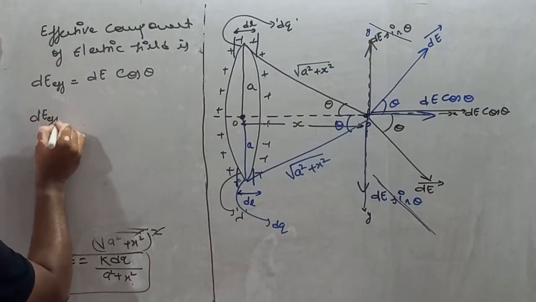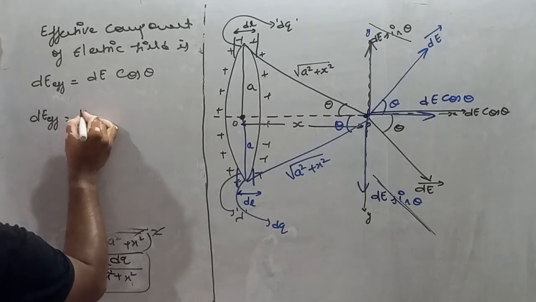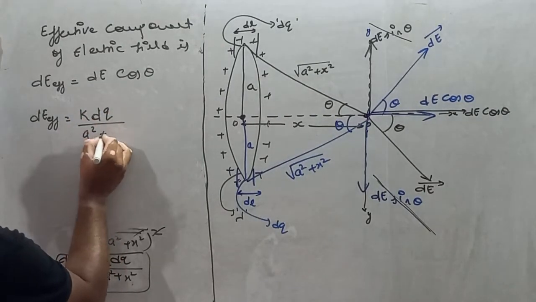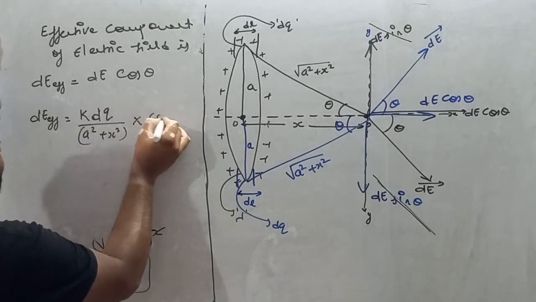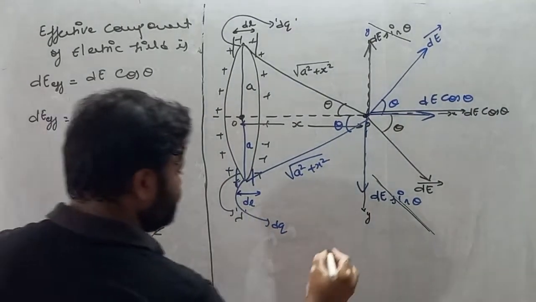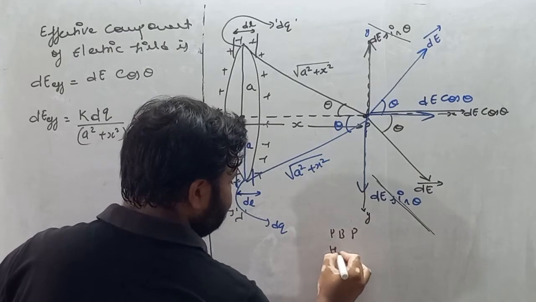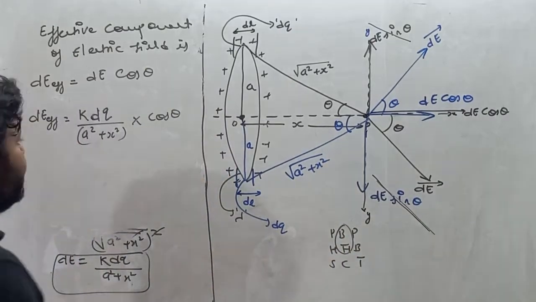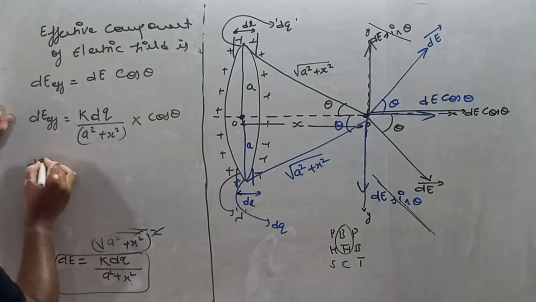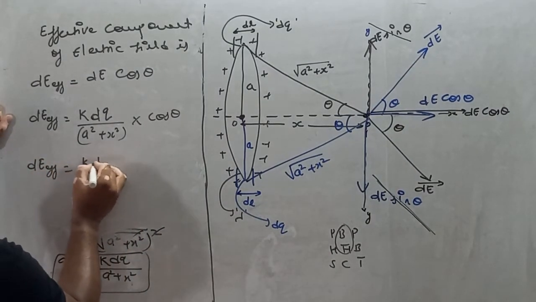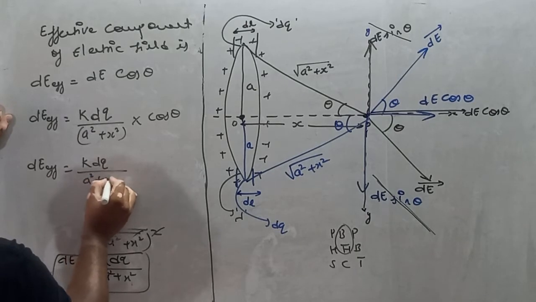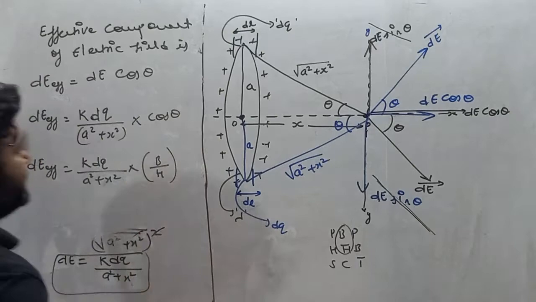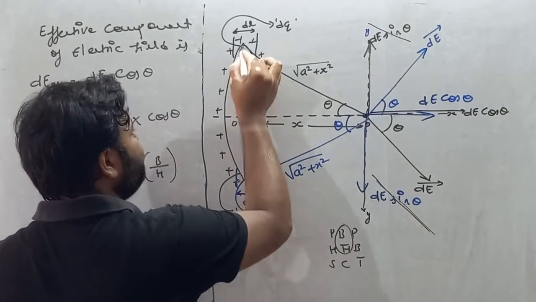So dE effective is equal to, the value of dE is k dq by a square plus x square, multiplied by cos theta. Now see, my dear student, cos is base upon hypotenuse. So I'll write dE effective is equal to k dq by a square plus x square multiplied by base upon hypotenuse. So see, we have a right angle triangle here.